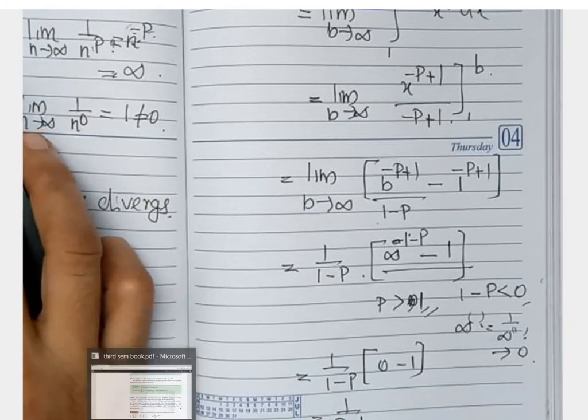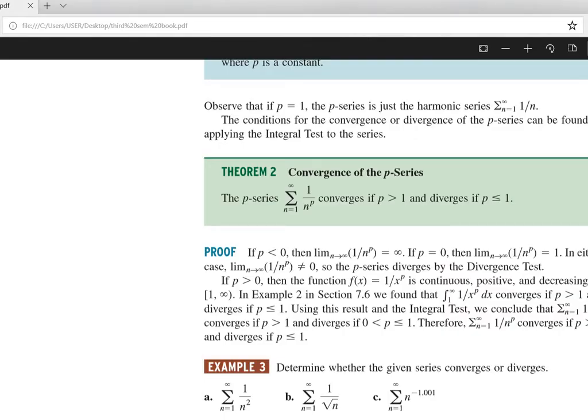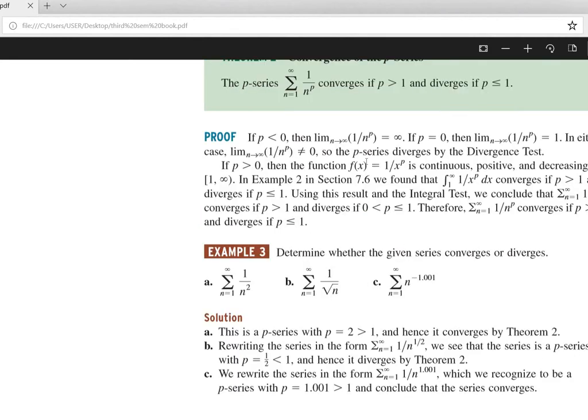We can check the value. So this converges if p is greater than 1. Otherwise it diverges. If p is less than 1, p less than 1 means 1 minus p is greater than 0, so this goes to infinity. So here, p is greater than 1, the exponent is less than 0, this term tends to 0.